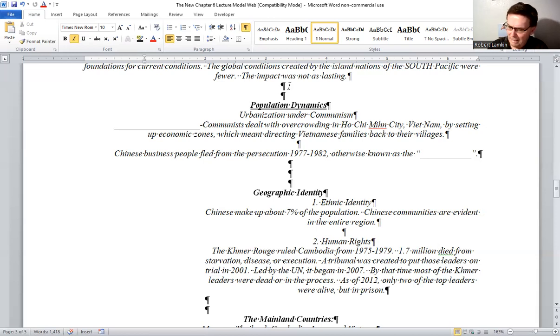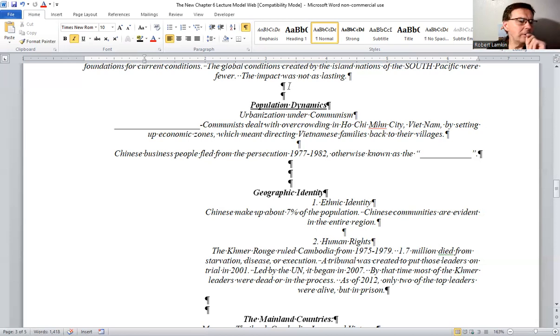There are a couple of inset maps of the political evolution of North Vietnam and South Vietnam, or the former Indochina. You can turn to that and take a look. But the Chinese business people fled from persecution in 1977 or 82.